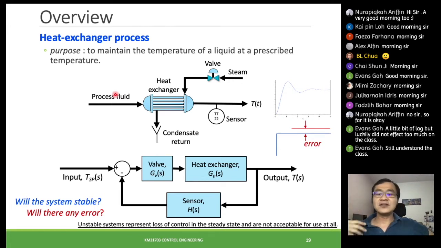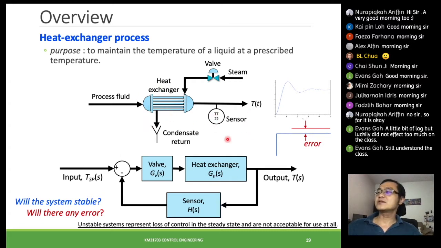During winter, if it is a 4 seasons country, this will drop to 3 or 4 degrees Celsius, or during summer, this will shoot up to maybe 35 degrees Celsius. So it depends, and this will fluctuate, but we intend to control the output. We don't care what the input is.